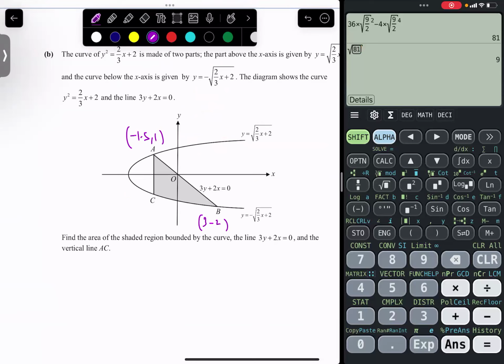Find the area of the shaded region bounded by the curve, the line, and the vertical line AC. So C is x equals negative 1.5. Nothing much, okay, let's see.